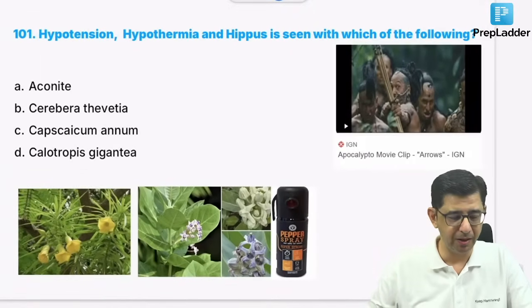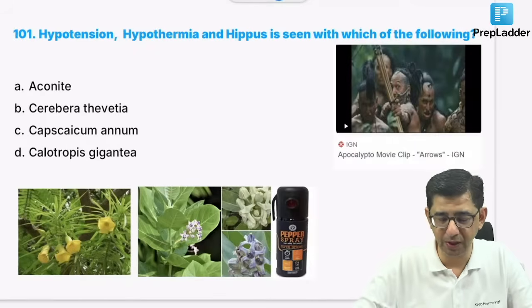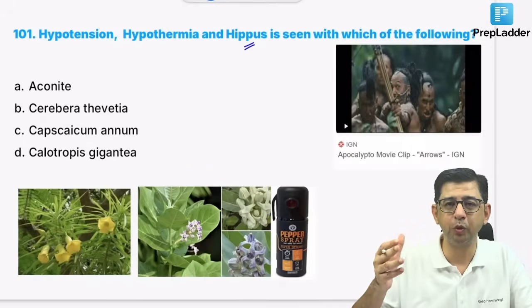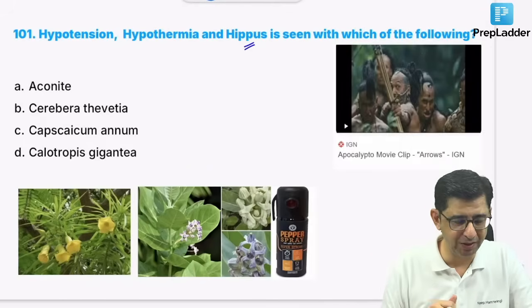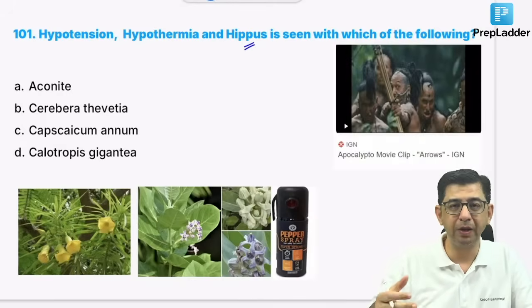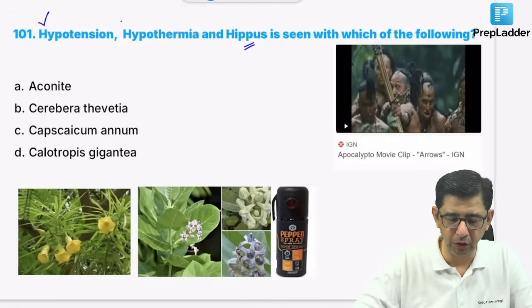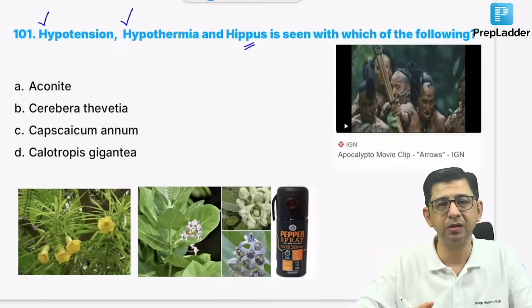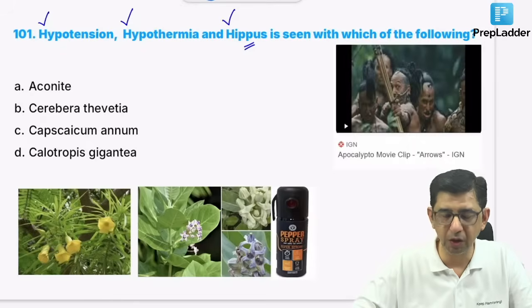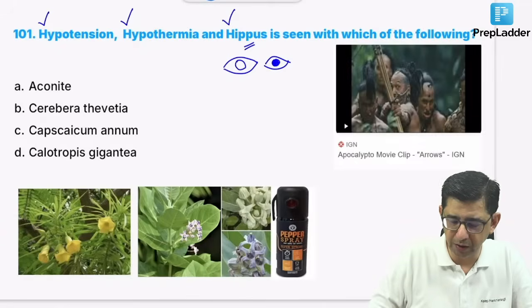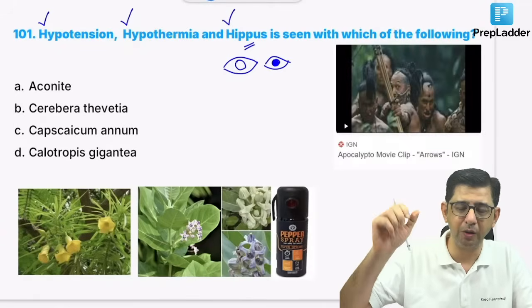The question says hypotension, and along with hypotension, there is hypothermia and hippus as well. What you mean by hippus is that there will be an alternating constriction and dilation of the pupil. So there is an autonomic instability present in this patient. Meaning of the word hippus, I'll say again, is alternating dilation of the pupil followed by constriction of the pupil; the pupil is becoming bigger and smaller alternately.